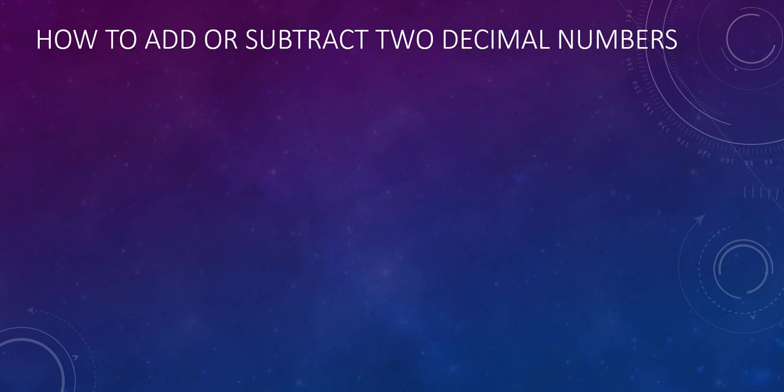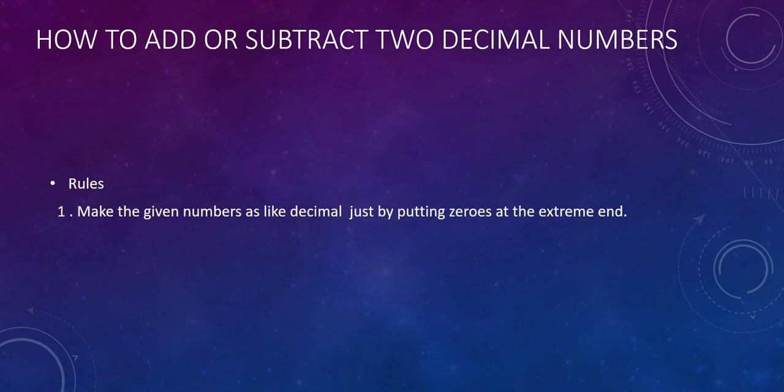Now we are coming to this topic, how to add or subtract two decimal numbers. So what are the rules? First one is you have to make the given numbers like decimals just by putting zeros at the extreme end.